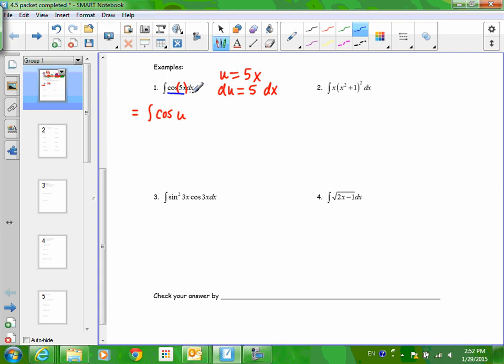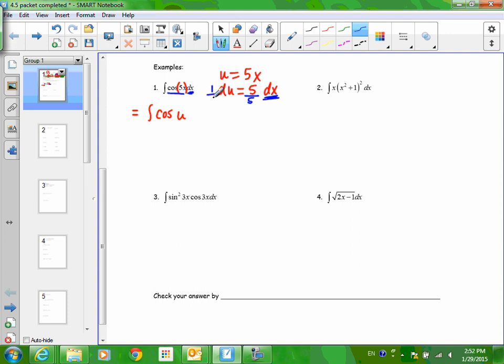What else do you have in this problem? A dx, right? I need to get rid of that dx. So I need to replace dx with something it's equal to. But this 5 is in the way, and it's not in my problem. So what could I do to this 5? I could divide by 5, both sides.